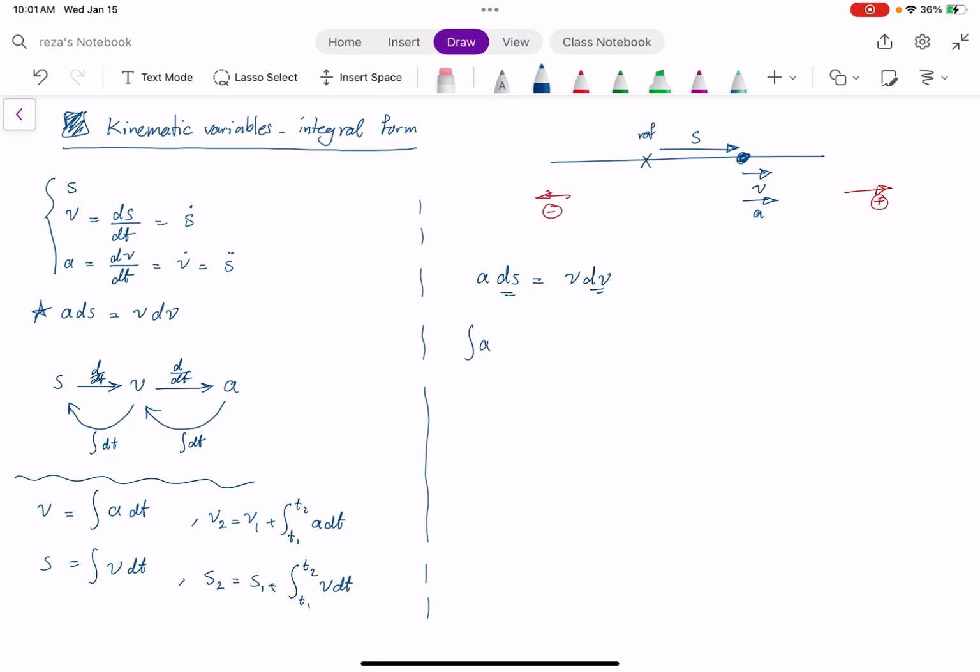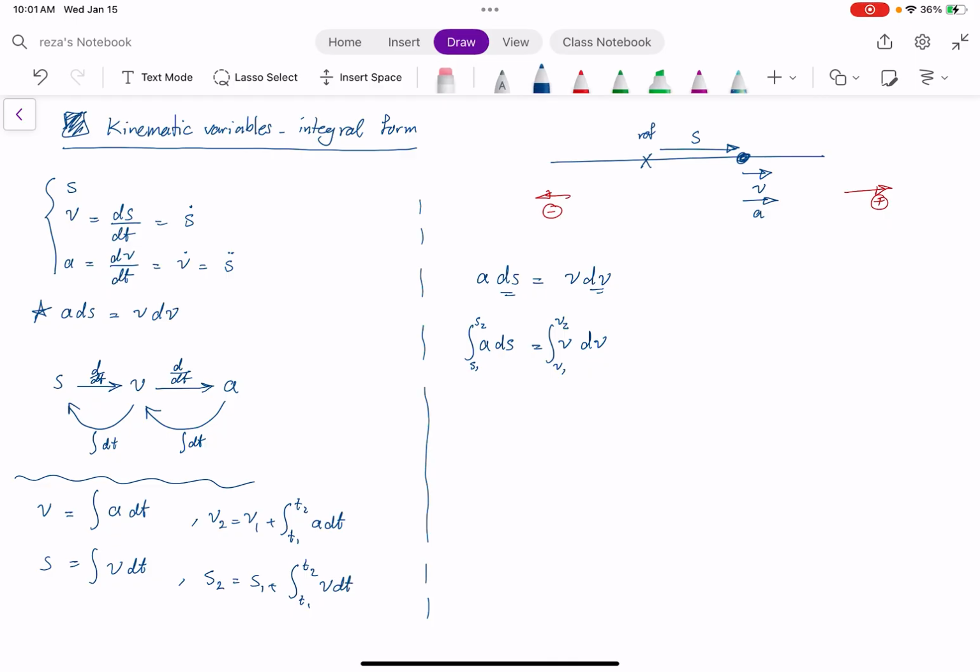So the integral of a ds equals the integral of v dv. Here, the integral is no longer on time, but the two integrals, one is on variable s, the other one is on variable v. And you can integrate it from some s1 to s2, and the other integral would be from some v1 to v2.